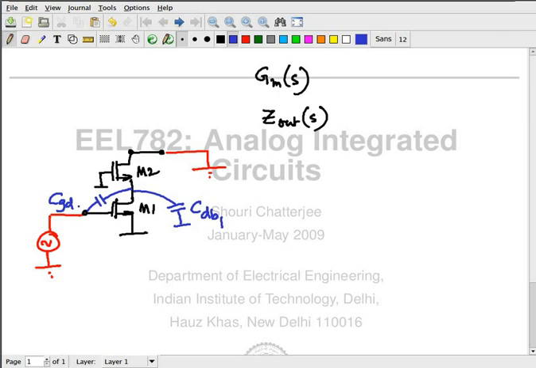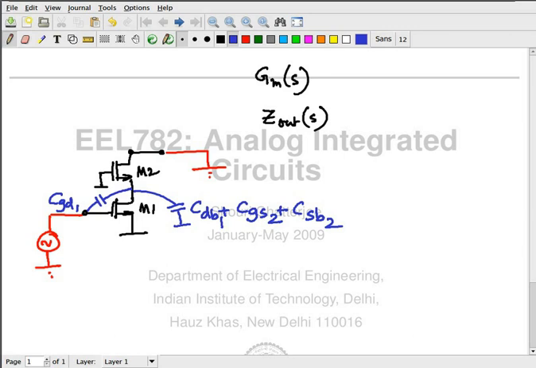Second step, you look at M2. Gate to source is significant, and it is going to come in parallel with drain to body of device 1. Source to body of device number 2 is also going to add to that. Okay, what about drain to body?